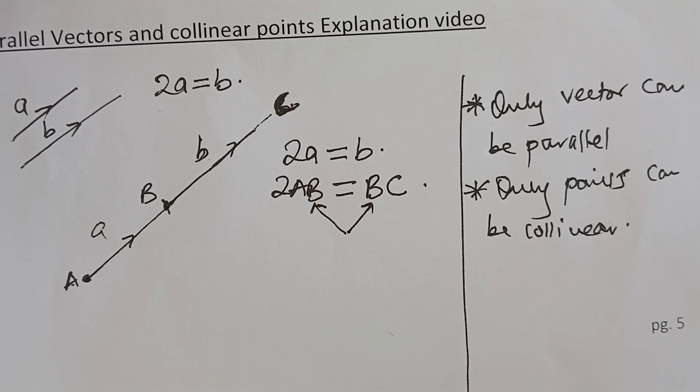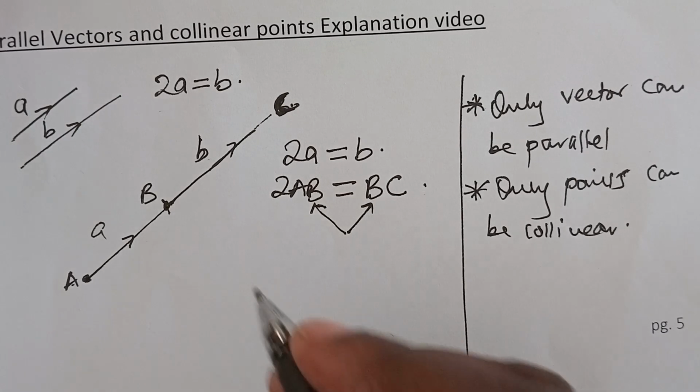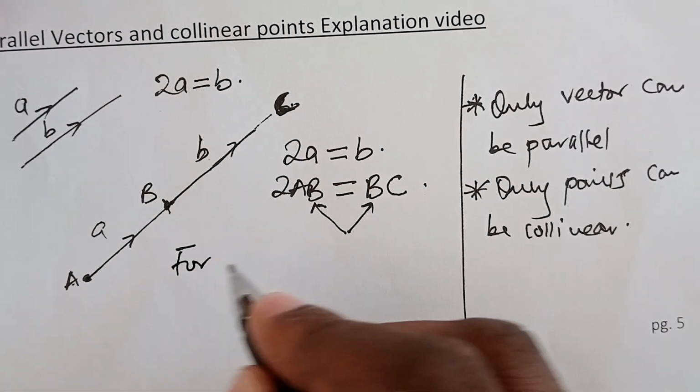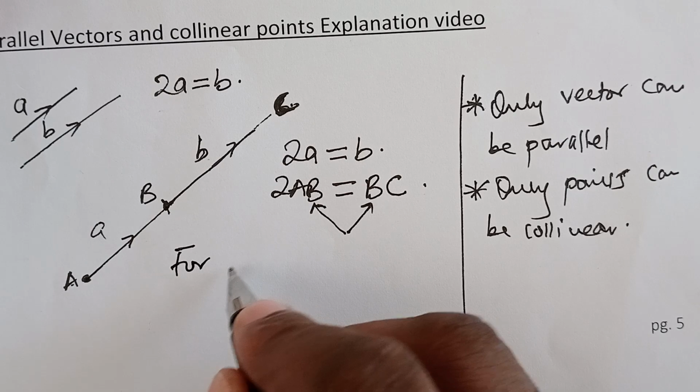And we need to stress something here. For collinearity, we have to have two parallel vectors and a shared point. Let me just put this down.